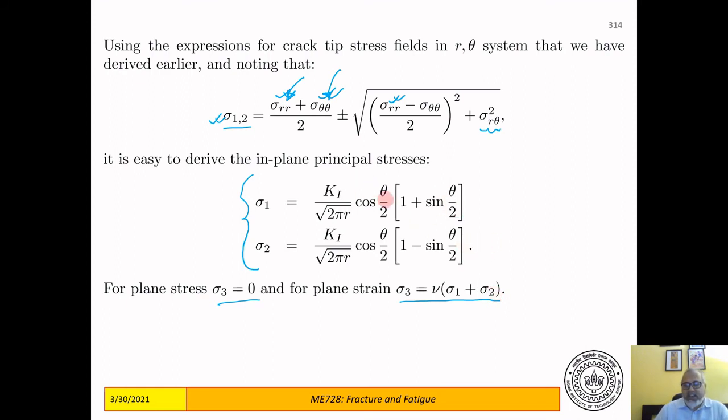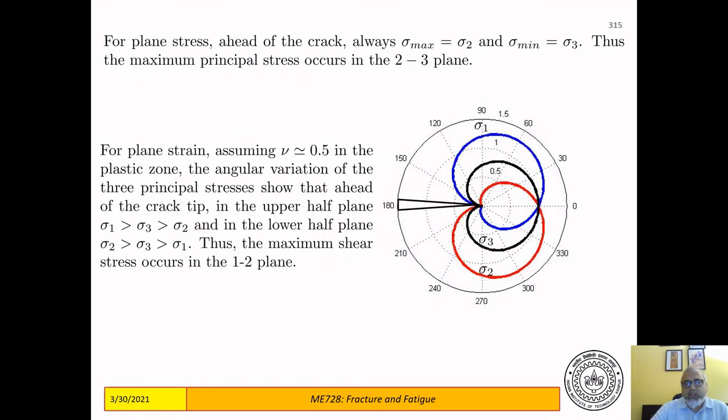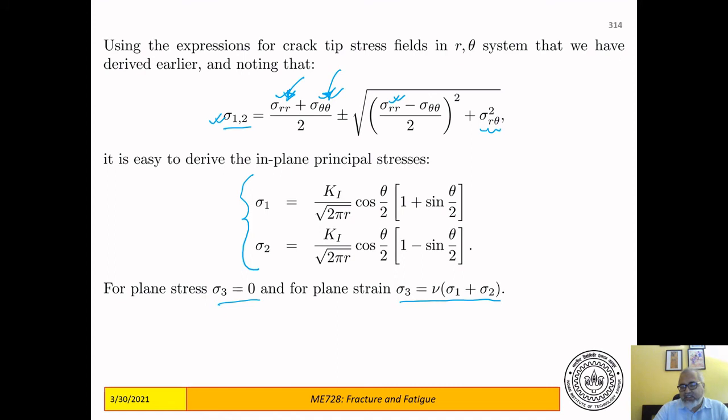So these are the principal stresses in the plane, not at x1 but all around the crack tip. So it has a theta variation built in also. So now we can use this to calculate the shape of the plastic zone around the crack tip.